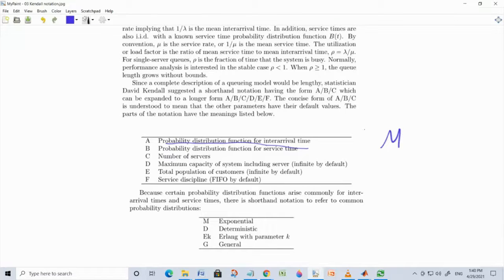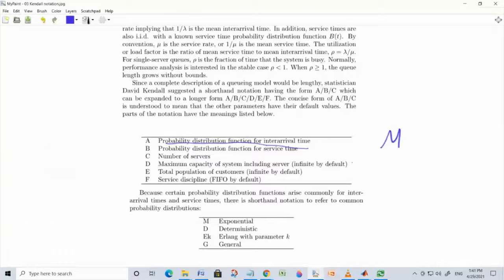You don't say E, you say M, for memoryless. So M means we are using a memoryless distribution for the inter-arrival times, the exponential distribution within the family of PDFs.